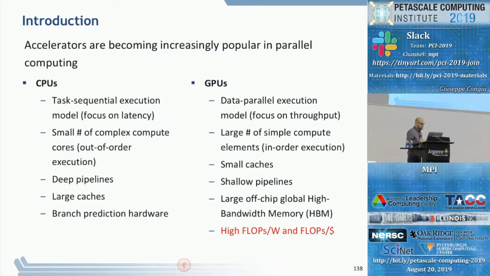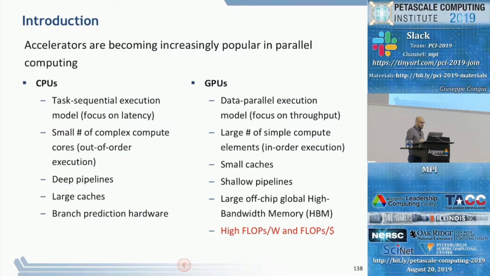Large caches minimize the penalty of accessing memory by caching data in faster memory on chip, and branch prediction hardware optimizes the usage of the pipelines by reducing the code fetch and decode for instructions that are in a branch that is never taken by the code.